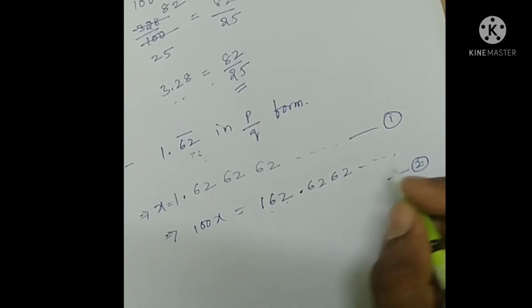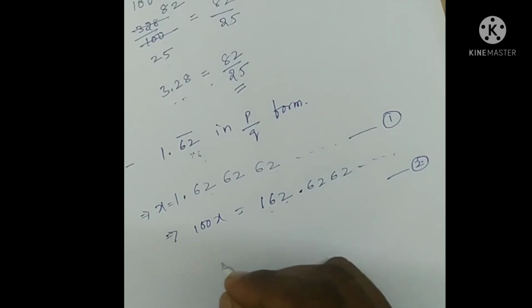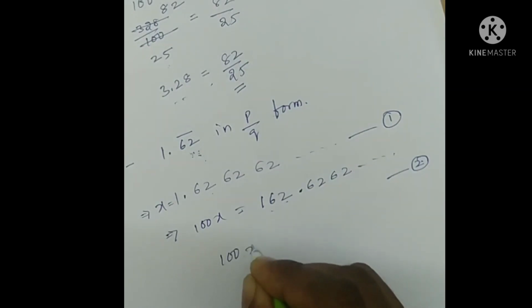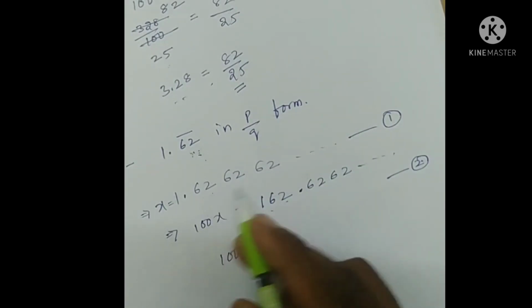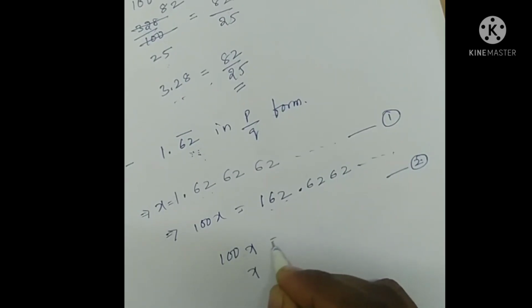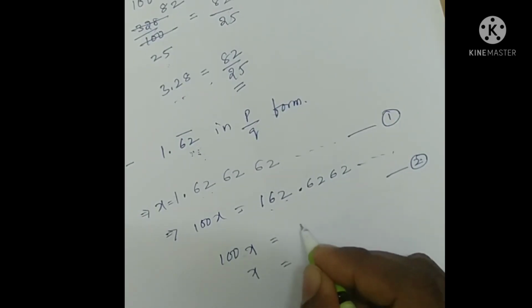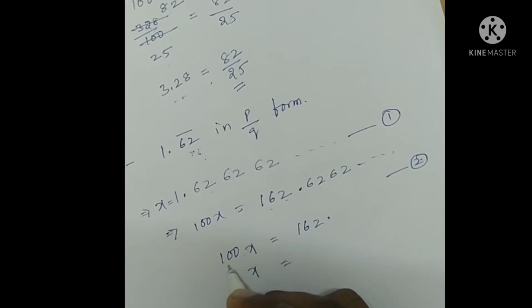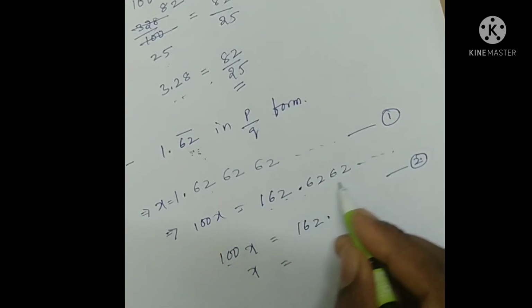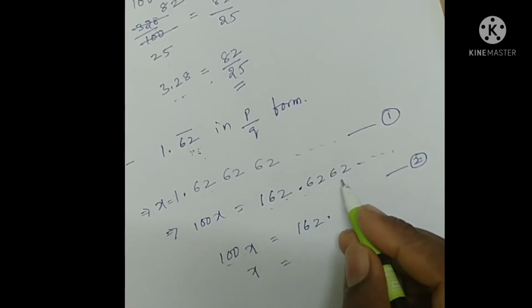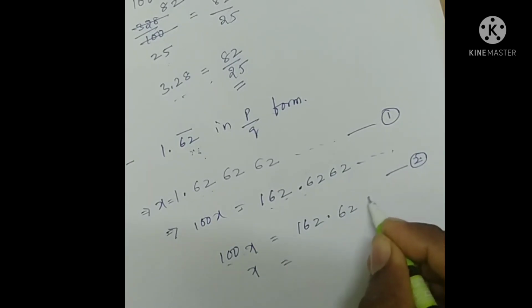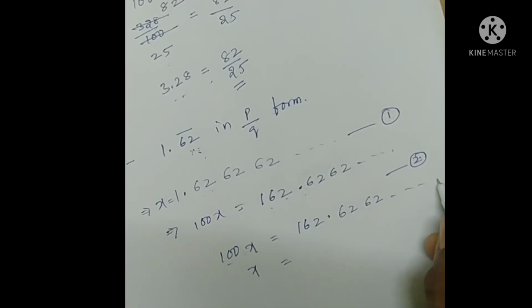So here equation 2 minus 1. So that is equals to 100x and equation 1 is x. 100x is 162.626262, right? So 62, 62 and so on.